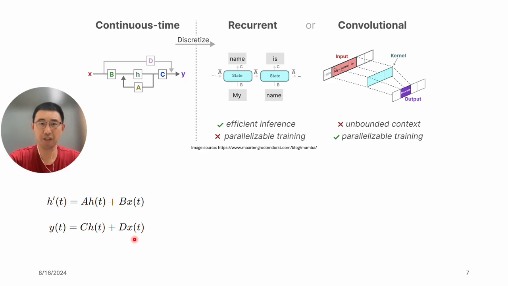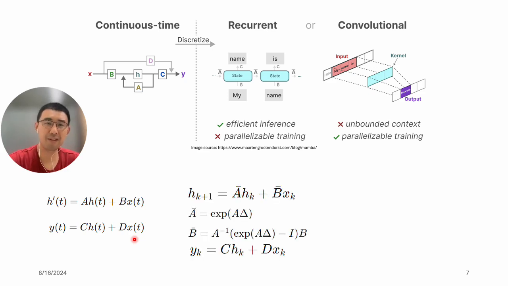One for recurrent inference, where the hidden state at time k plus 1 is simply a matrix multiplied by the hidden state at time k plus the input at time k projected by another matrix. And we can get these A bar and B bar from the continuous matrices A and B and this discretization time step delta. And once we know that, we have y_k is basically the hidden state projected plus, again, the input projected.